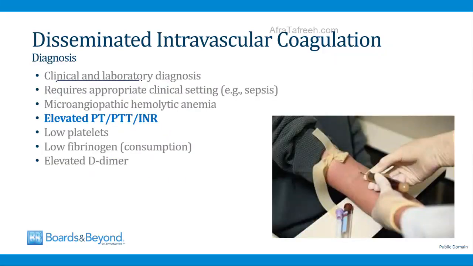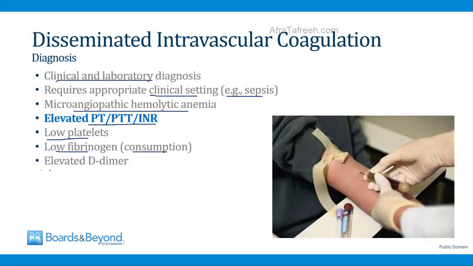DIC is a clinical and laboratory diagnosis. It requires an appropriate clinical setting, for example, sepsis, and then you need the appropriate lab findings. Those are the findings of microangiopathic hemolytic anemia we talked about earlier, plus prolongation of the coagulation times like the PT, PTT, and INR. Beyond this, the platelets will be low. There's low fibrinogen. Fibrinogen is a clotting factor, and it will be low from consumption.